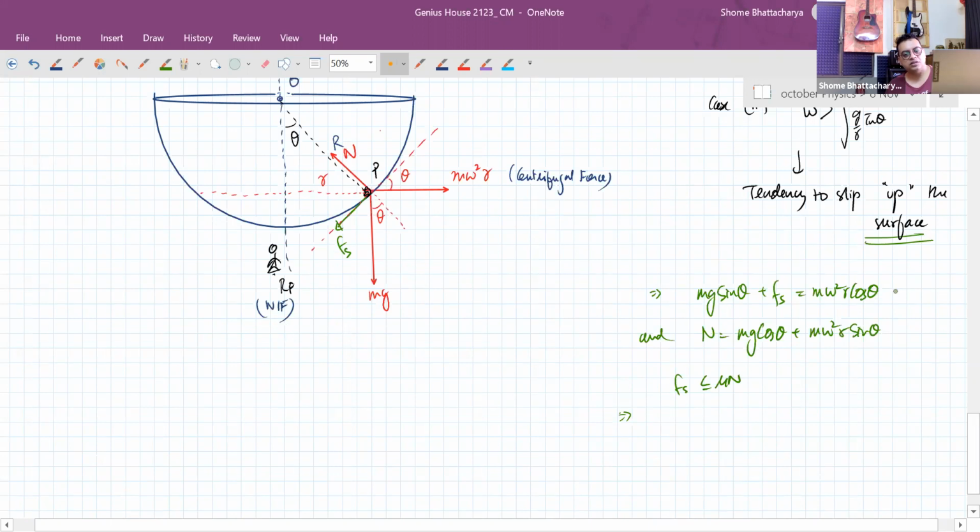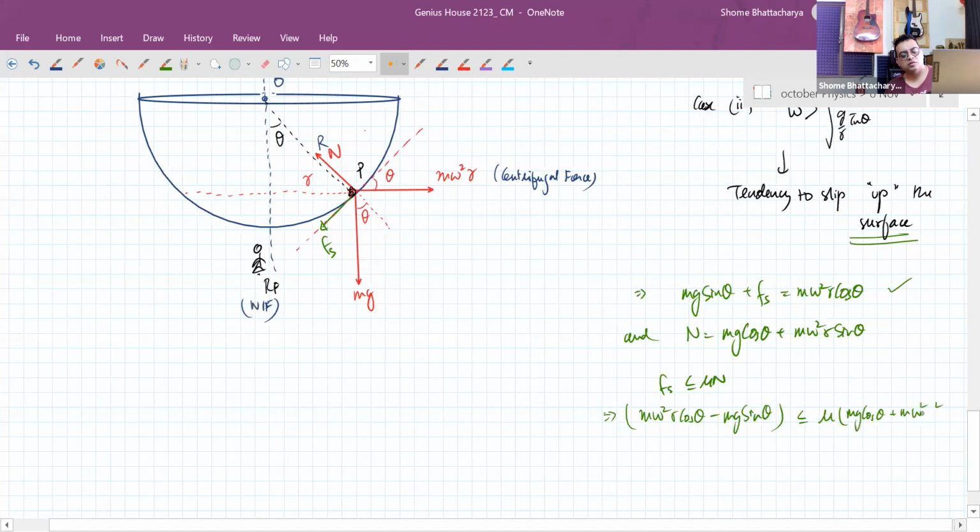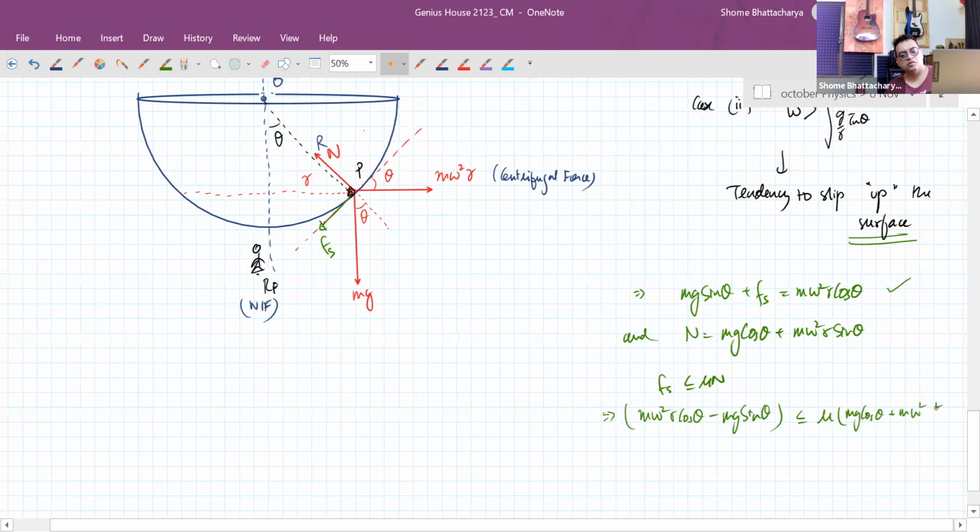According to this equation, the magnitude of friction required is this, and that should be less than or equal to mu into mg cos theta plus m omega square r sine theta.